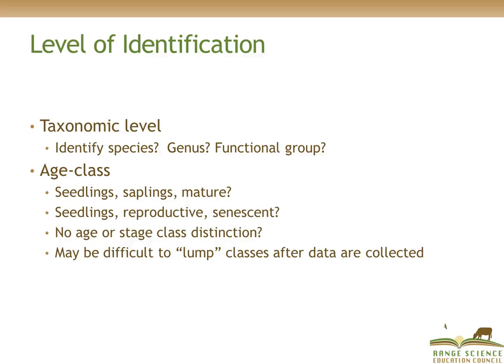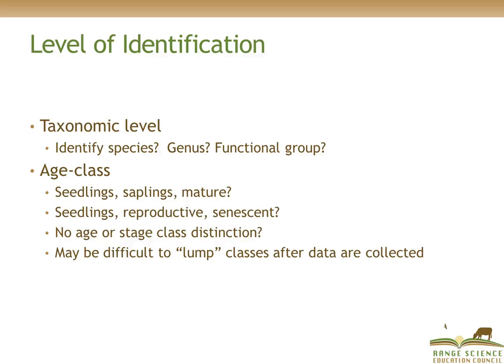So it's very important to determine how important it is for us to know this information before we start to collect it. So let me reiterate that a little bit. If we had a quadrat that had a seedling and a mature plant of the same species, if we weren't making the distinction between seedlings and mature plants, we would simply say that plant was present.